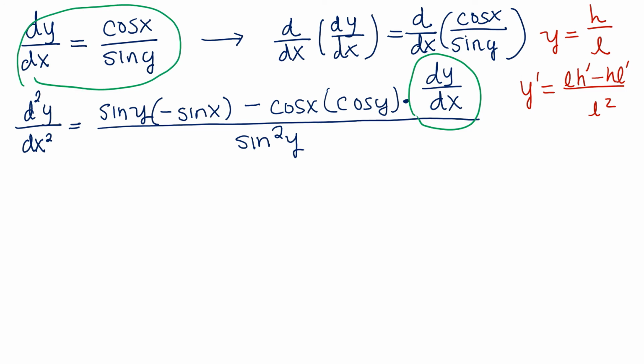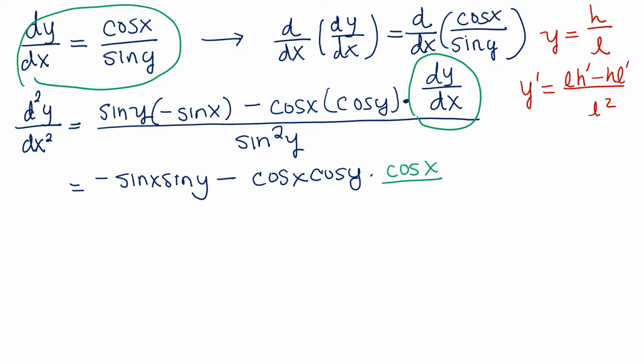Let's replace that. You will have minus sine x sine y minus cosine x cosine y times the dy/dx, which is cosine x divided by sine y, and the denominator sine squared y.